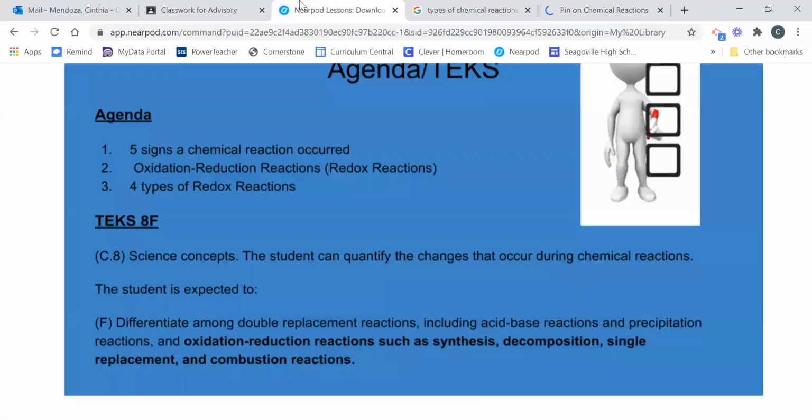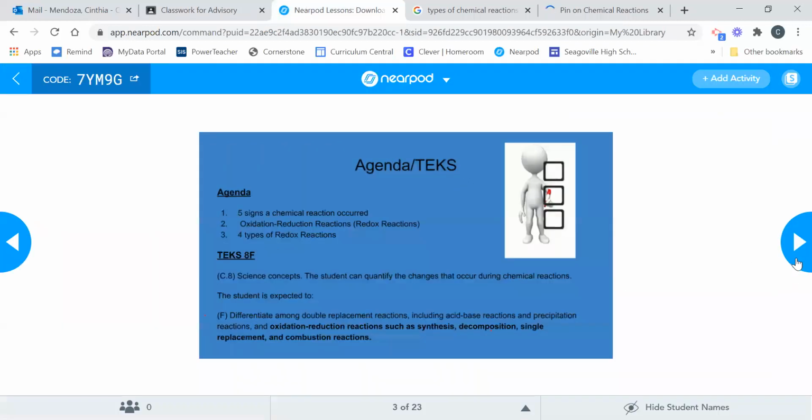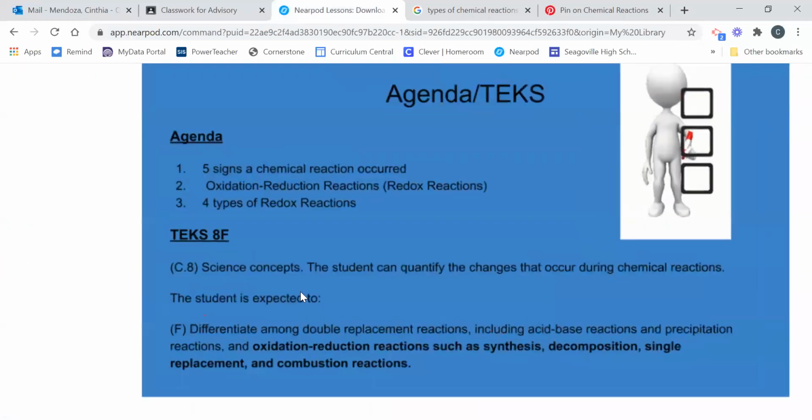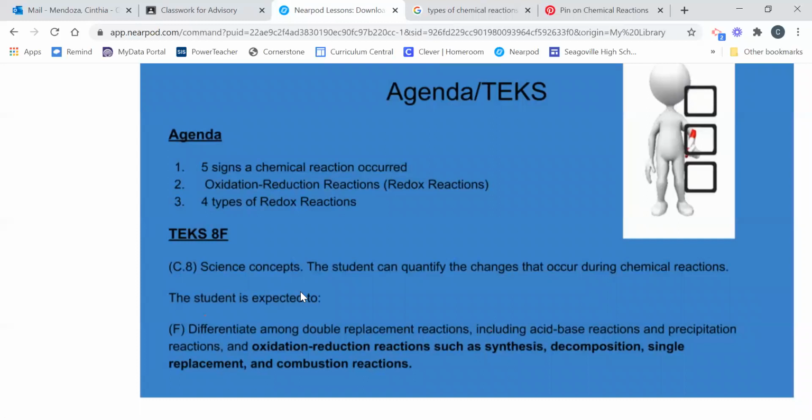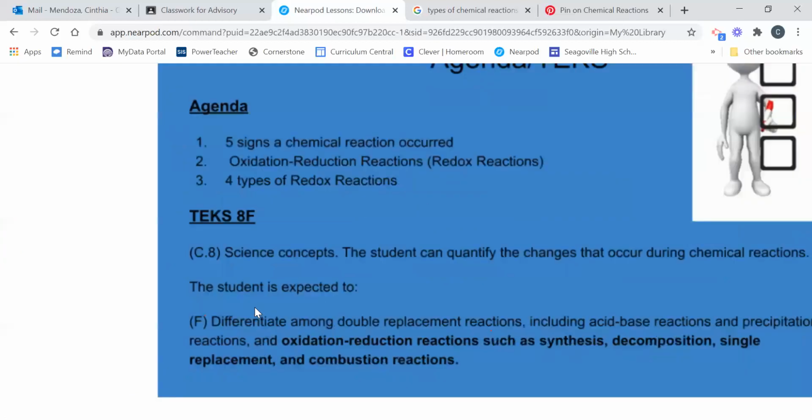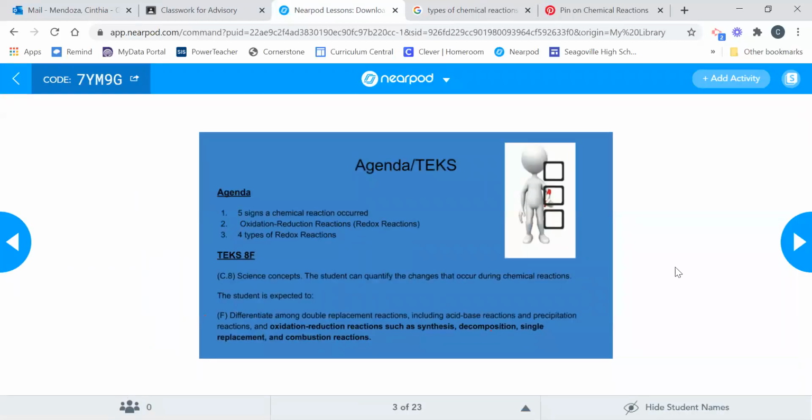Okay, let's go back to the new one. We're going to go over 5 signs of a chemical reaction. Oxidation and reduction, we're just going to go over a little bit of that. And then the types of different reactions, because all we have to do is be able to tell the difference, what makes them different.